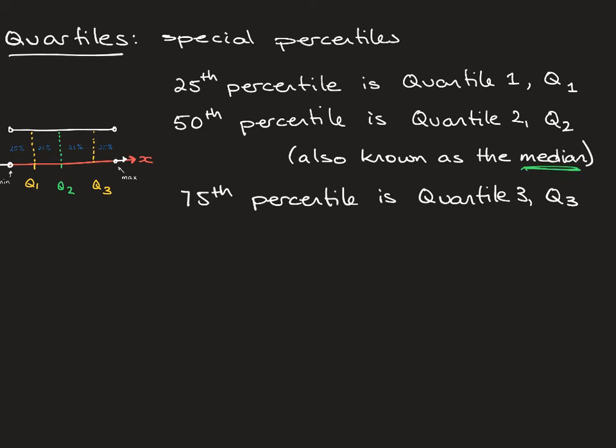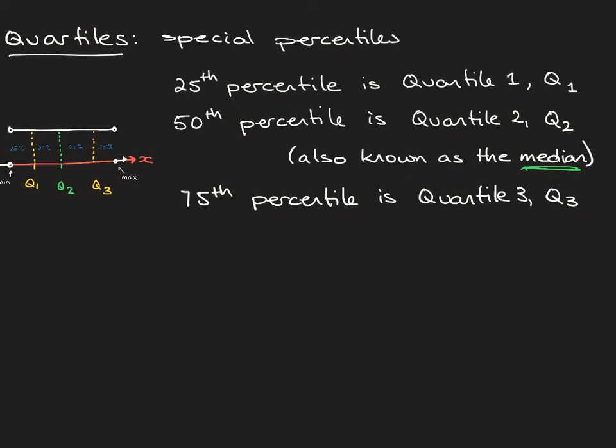And finally we have the third quartile, quartile 3, which is the 75th percentile, so 75% of the data is contained below this particular x value, and so that's quartile 3.